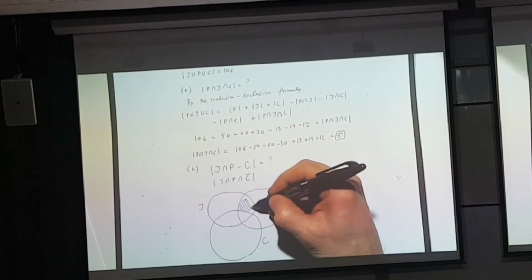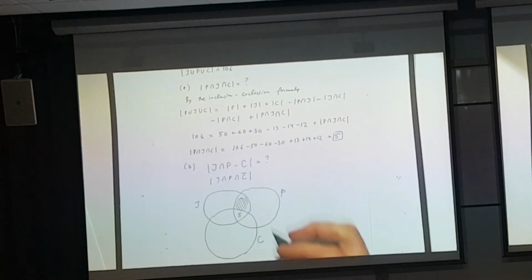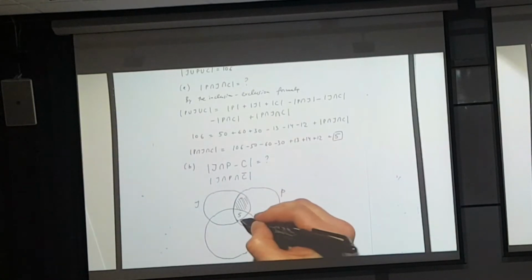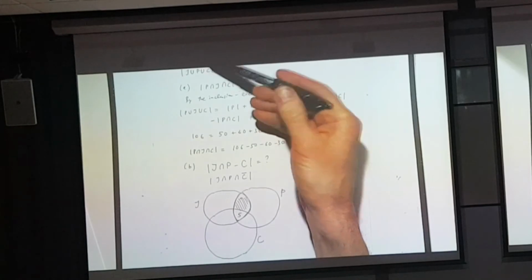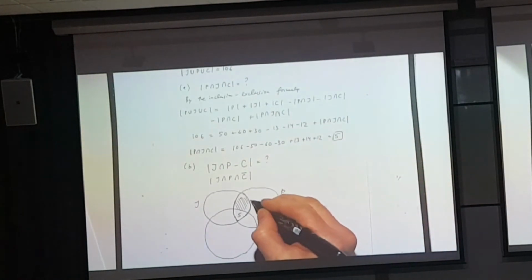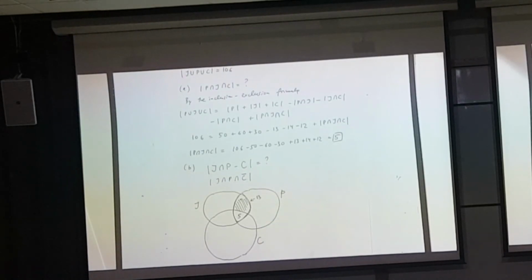After the number of elements in this shaded set, right? And we do know that in this triple intersection, we calculated in part A that there are 5 students who took all 3: Java, Python, and C. And also, in the double intersection, we were given from the start that the number of elements in J intersection P is 13, in the whole thing.